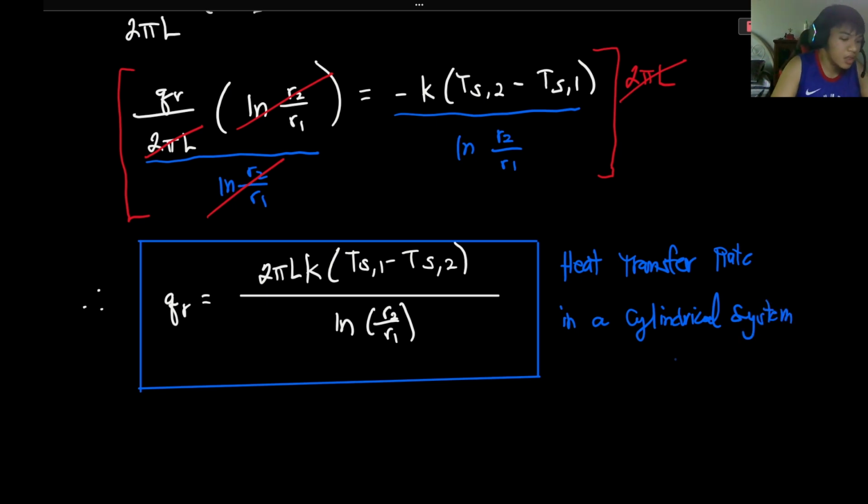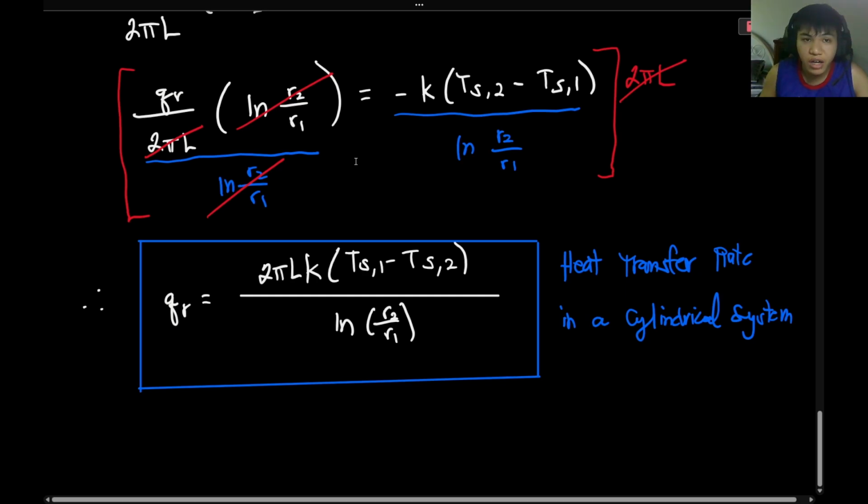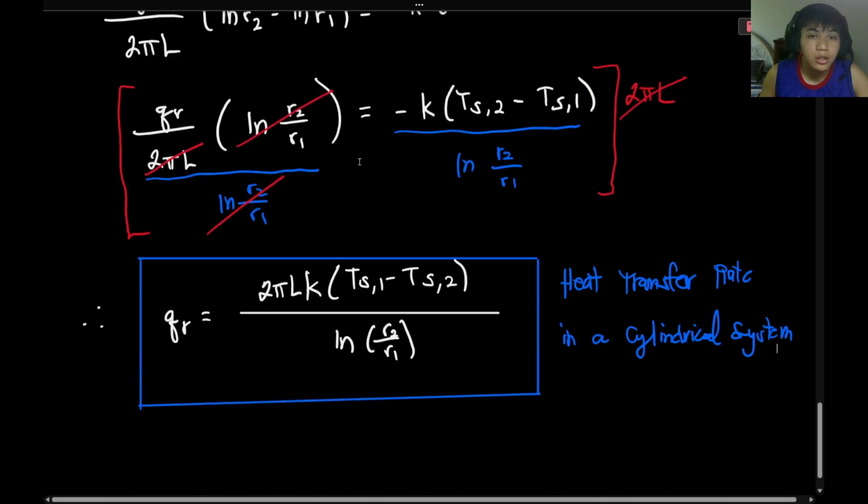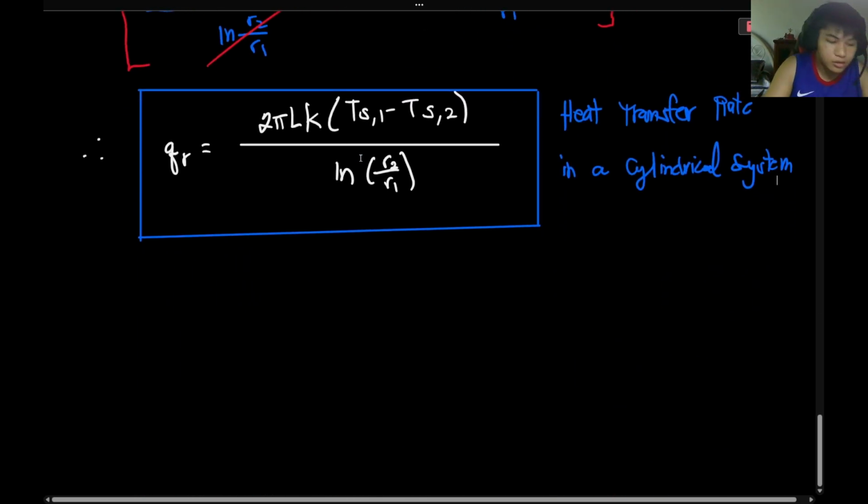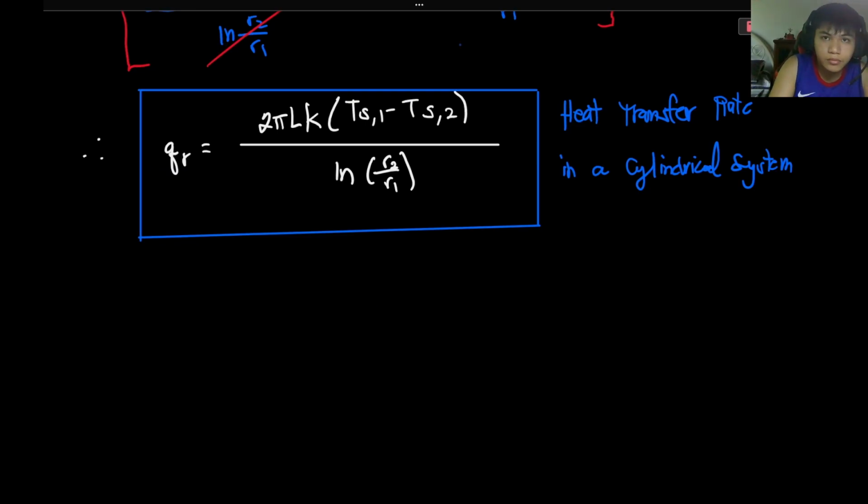And finally, we have our resistance. In our module, it is R of t conduction. In general, the formula for thermal resistance is just your temperature difference over your heat transfer rate.